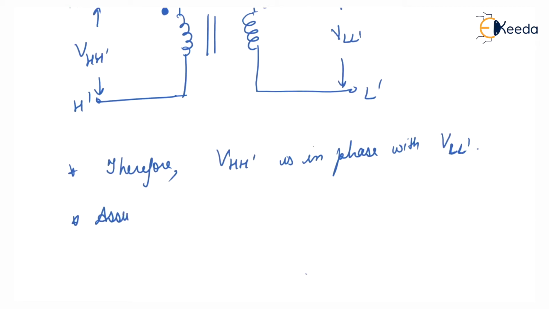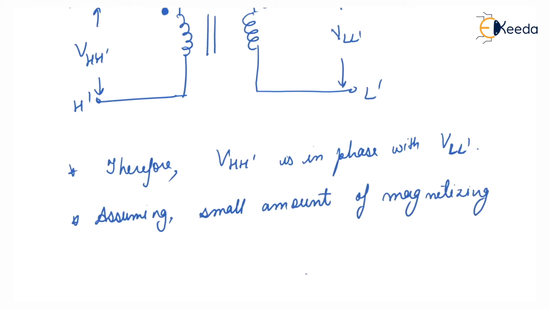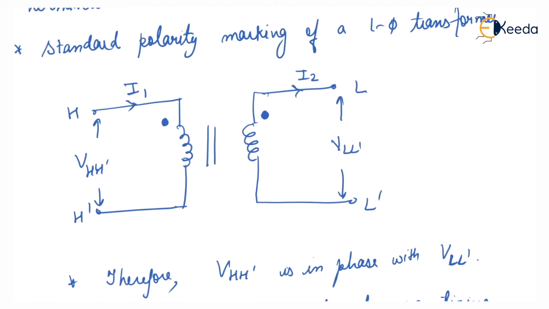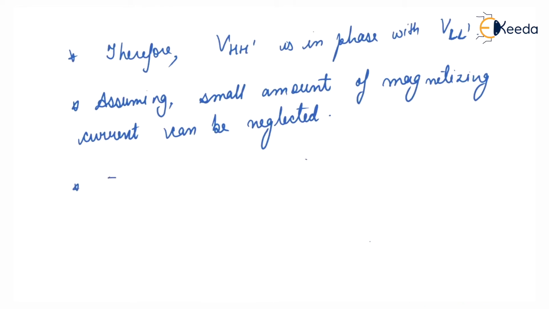Now assuming the small amount of magnetizing current can be neglected. So the primary current I1 entering the dotted end cancels the demagnetizing ampere turn of the secondary current I2. So that I1, I2, the direction of flow as indicated in this diagram, are in phase.